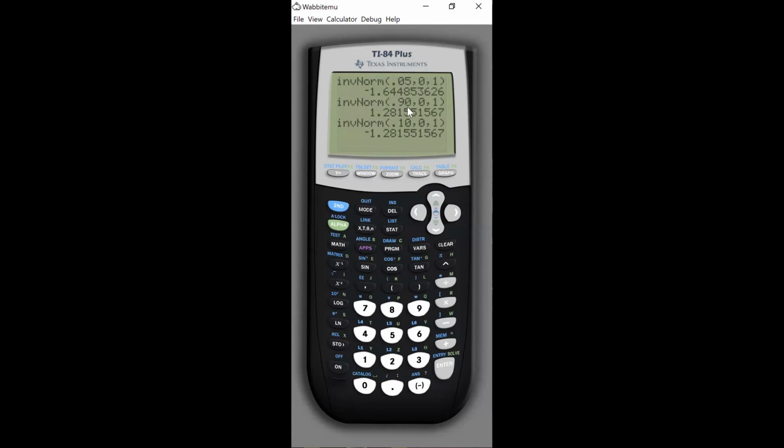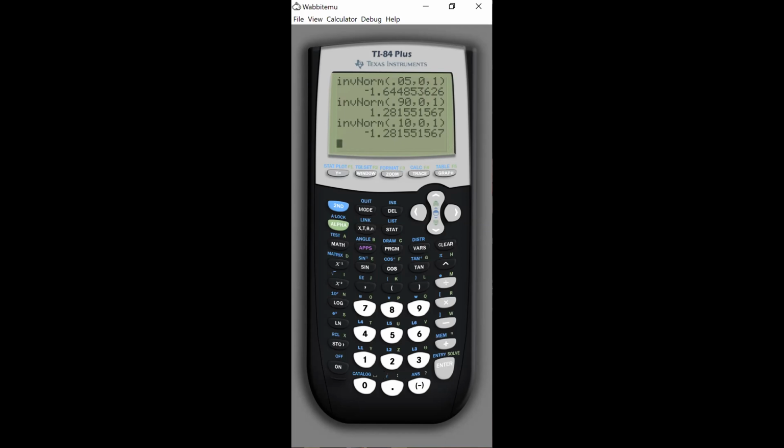So that's why it's important that you always give it the probability of the left side, because the calculator, unfortunately, always sees it that way. Unless you have the super new calculator where it will actually ask you, is this the left tail, right tail, or center? And you can actually tell it. But if you have one of these old calculators, you always have to put the probability of the left side. All right, but that's it for that third example.